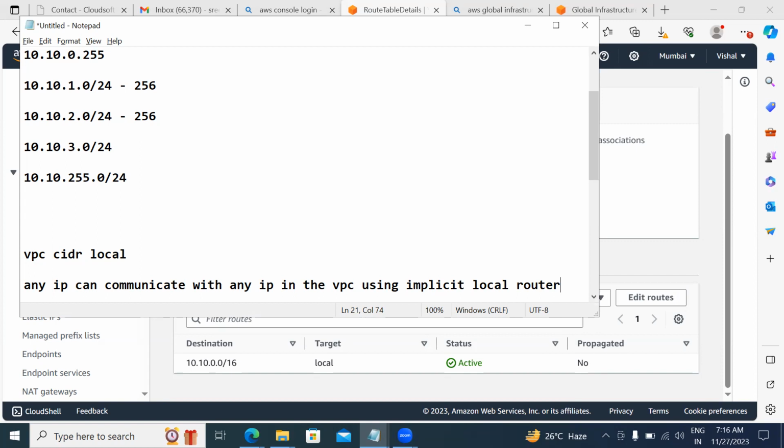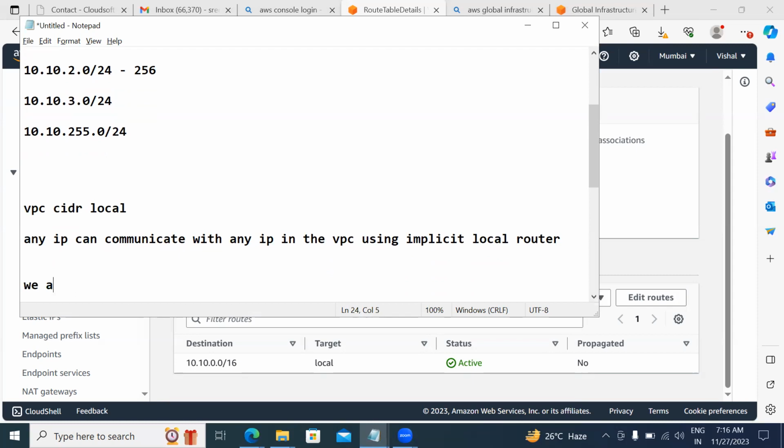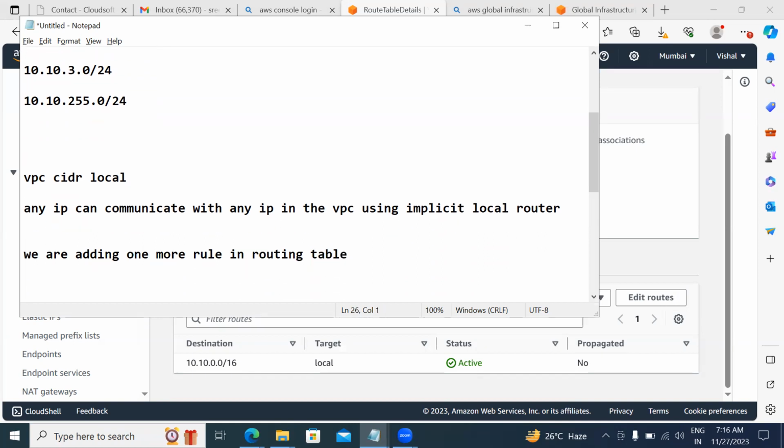So then we are going to add one more route table rule. The previous rule is not allowing the internet connection.